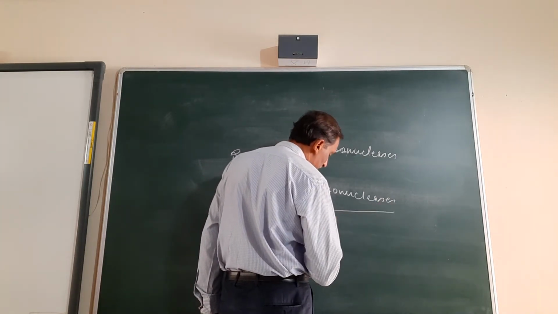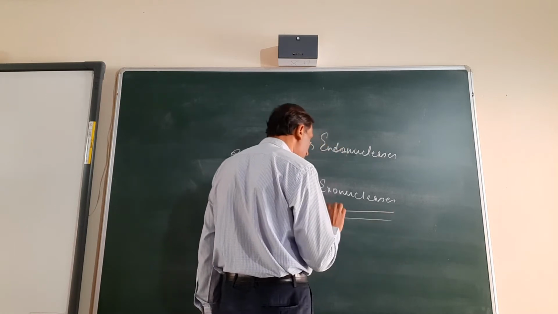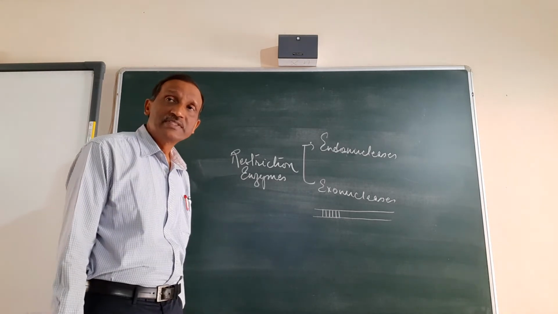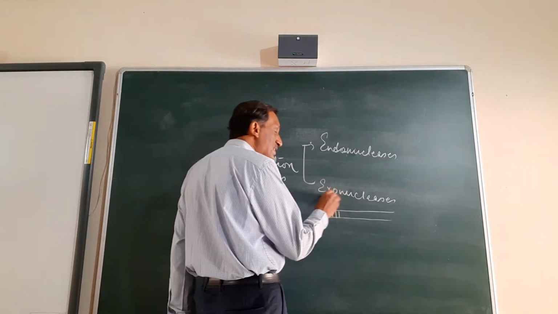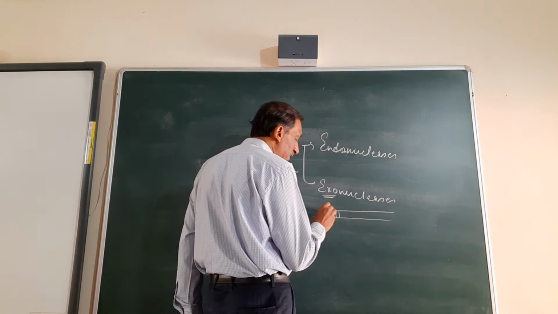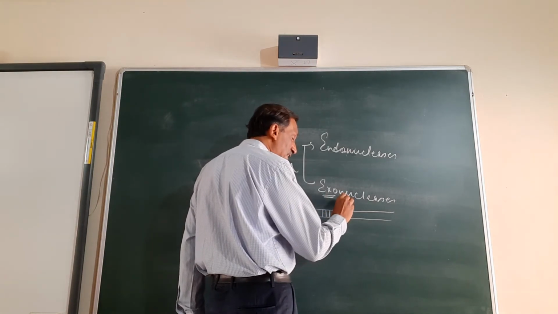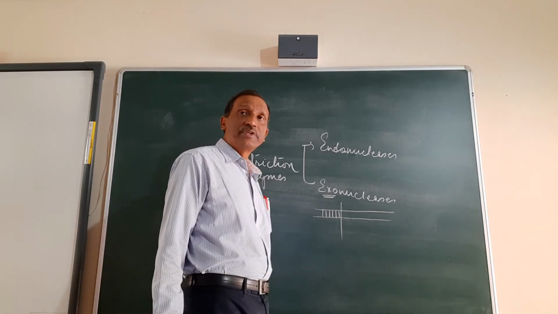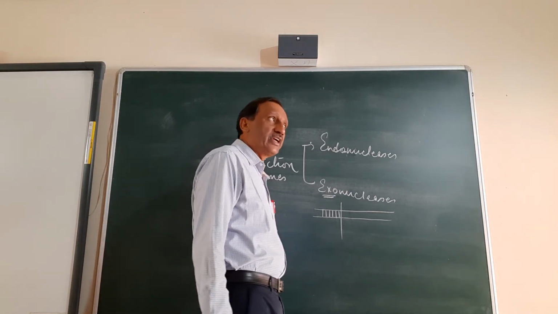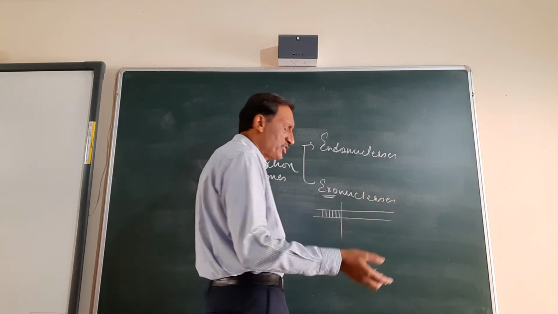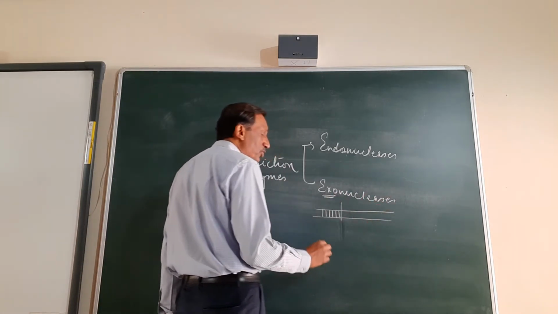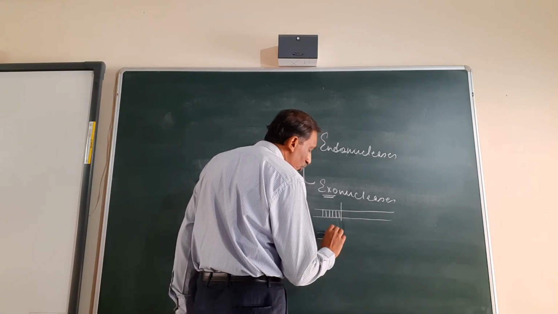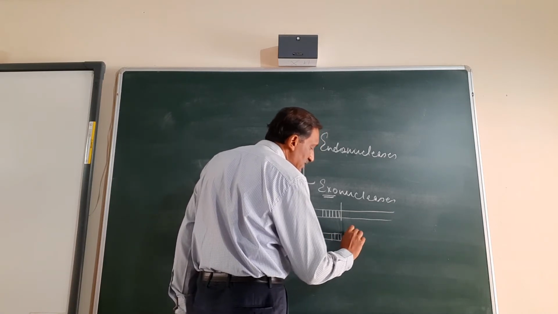Suppose this is the DNA and these were the six recognition sequence. So when the exonucleases are added, they will read this recognition sequence and then they will cut just next to it, or anywhere in between depending on the species and type of exonuclease, and then they leave the DNA into two such ends.